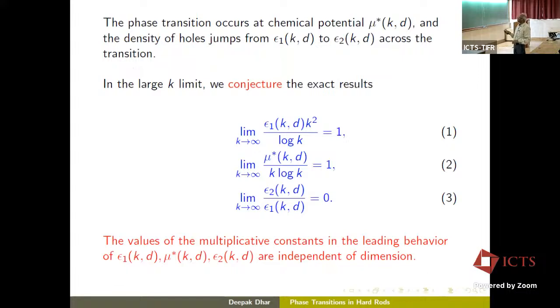Epsilon 1 times k squared by log k tends to 1. Mu star, which is the chemical potential, varies as k log k, and the coefficient of that is also 1. And epsilon 2 by epsilon 1 tends to 0 for large k. So this is what we would like to show. The values of these multiplicative constants in the leading behavior are independent of dimension, which is also somewhat surprising. Firstly, that they are these simple numbers, and then that they are independent of dimension.